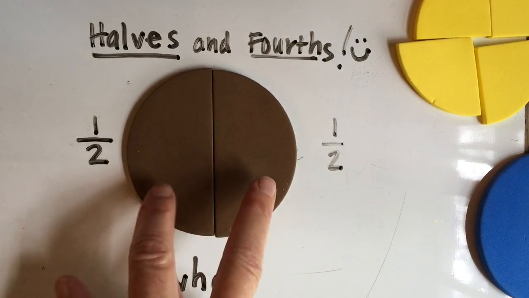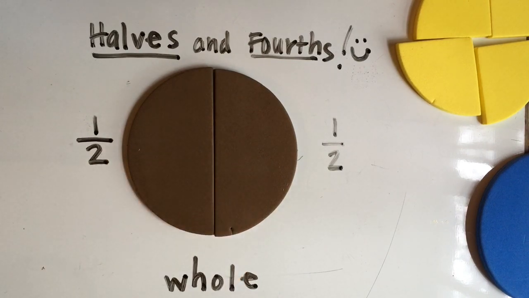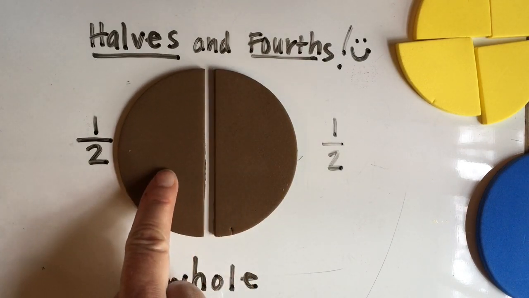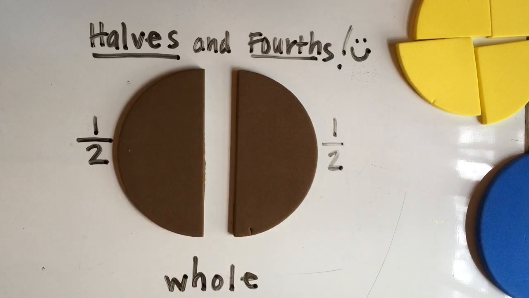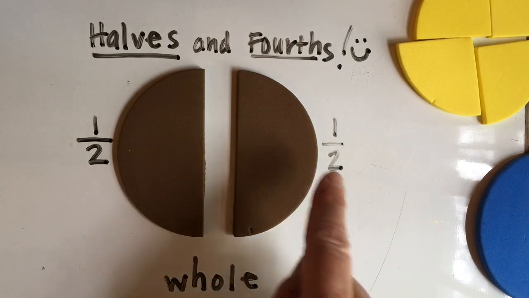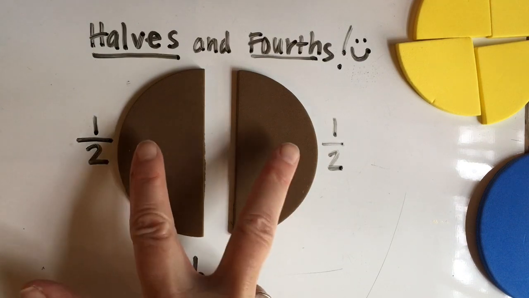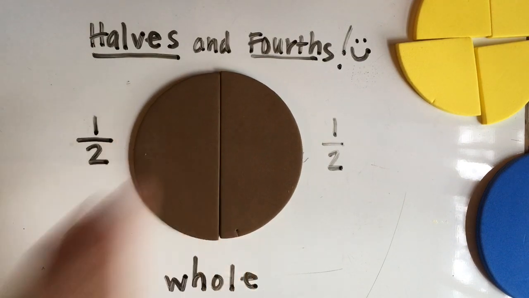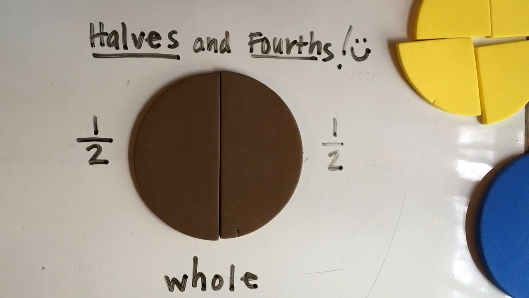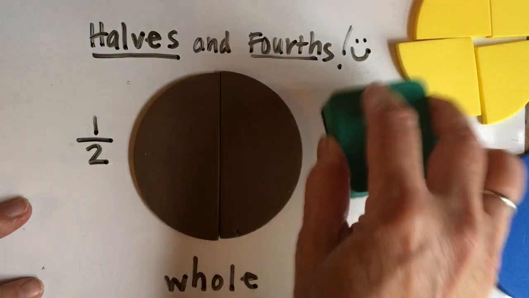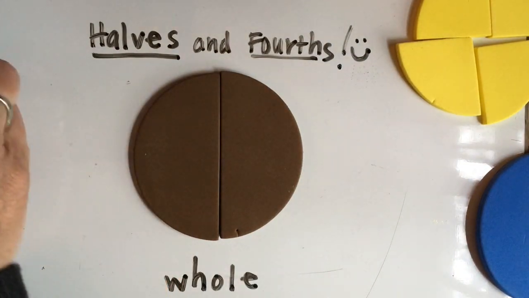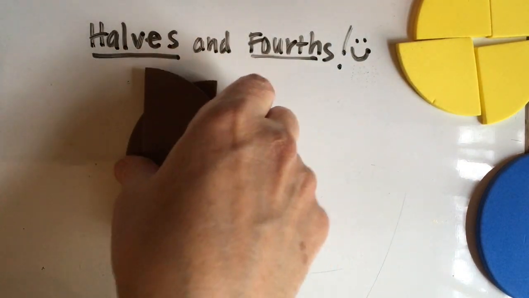So if you were splitting a pie with someone and you got this piece and the other person got this piece, we could say it was fair and that you each got a half, right? And how many halves are there in a whole? 2, that's right. Good.